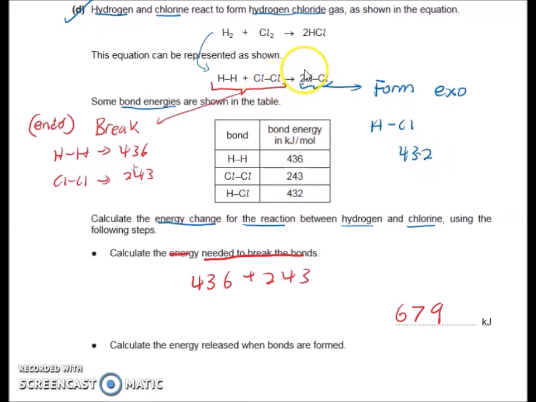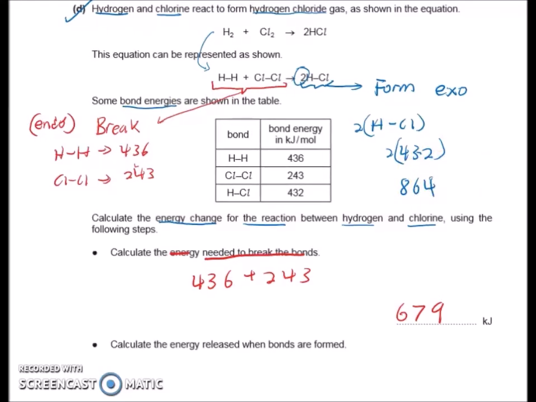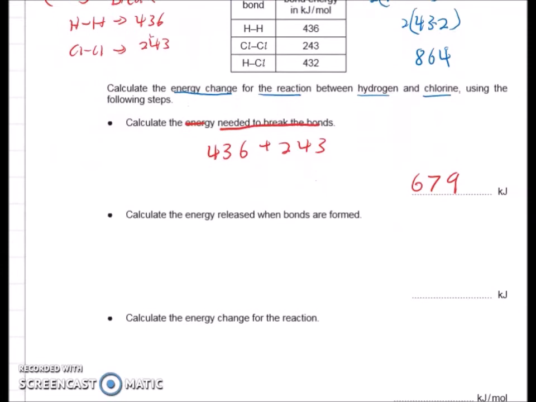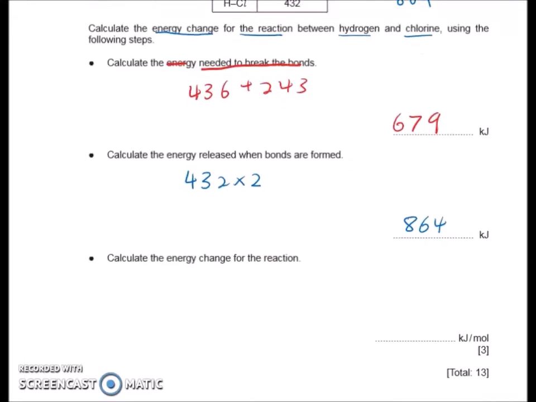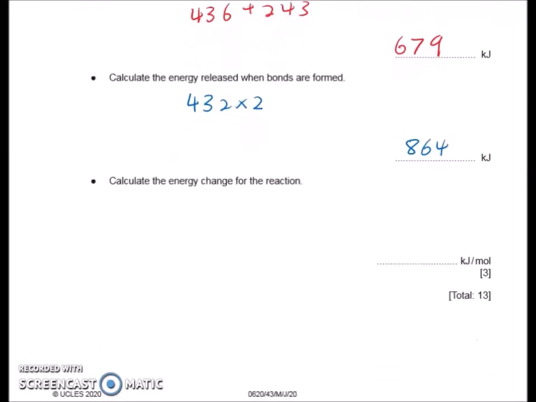And remember, you have a 2 over here, so you have to multiply by 2, and you'll be getting 864. So here we copy down the solution: 432 multiplied by 2 gives 864.